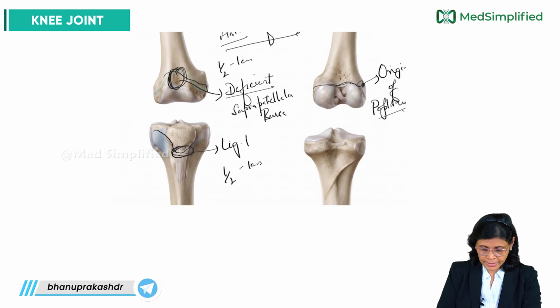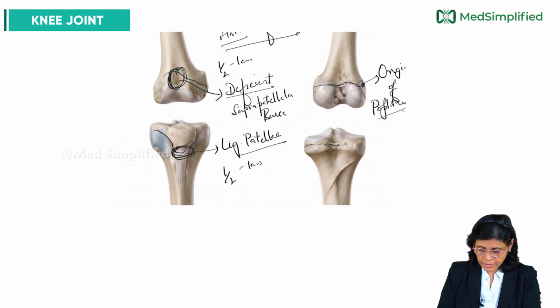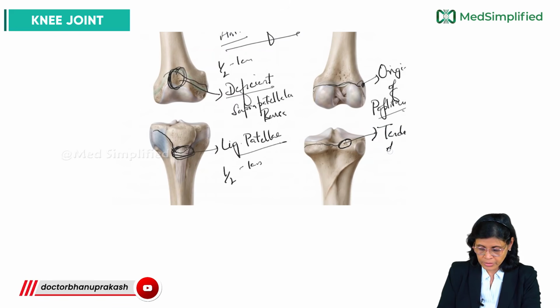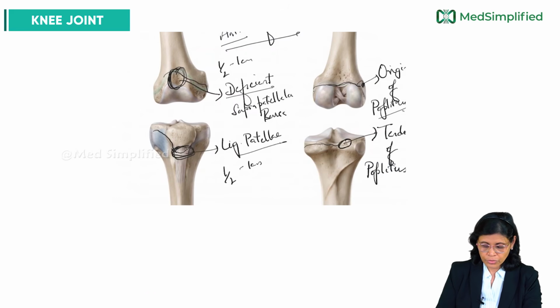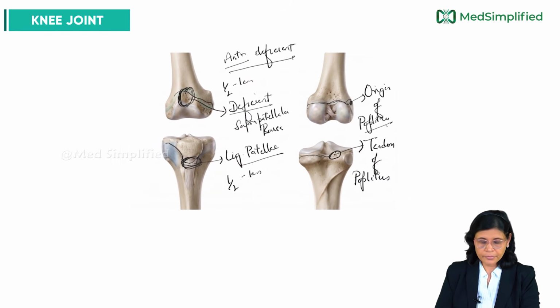Posteriorly there is a small gap behind the lateral condyle, for the passage of the tendon of popliteus through this gap.